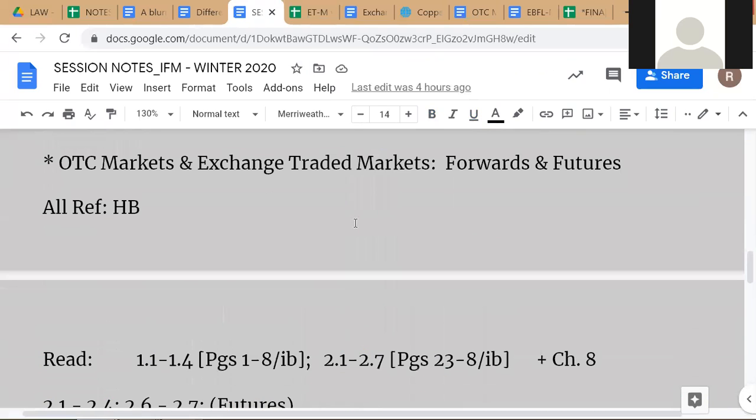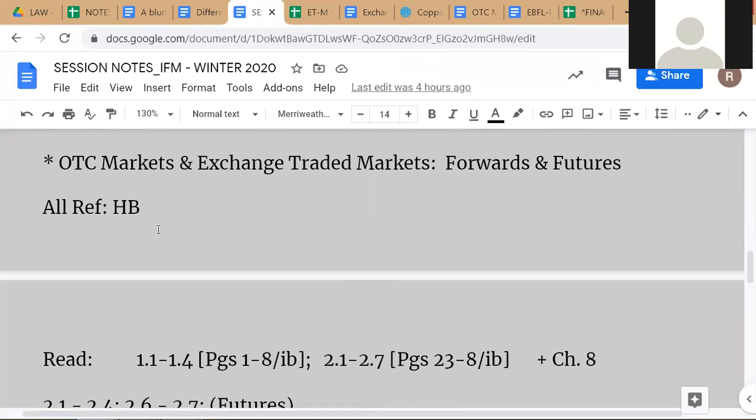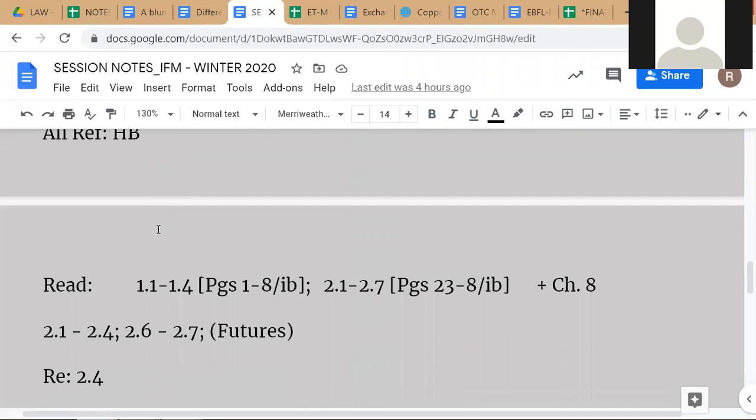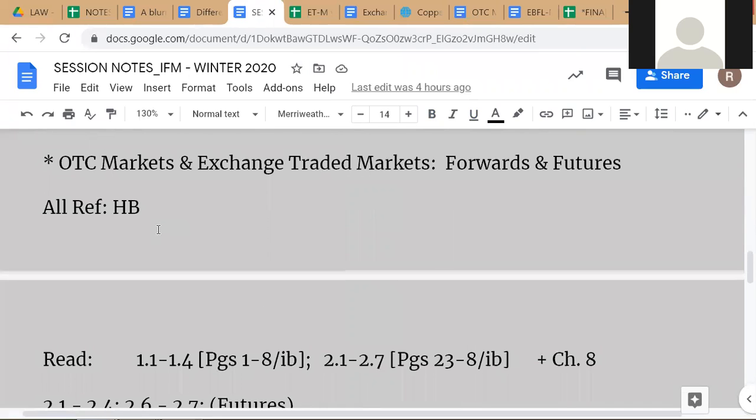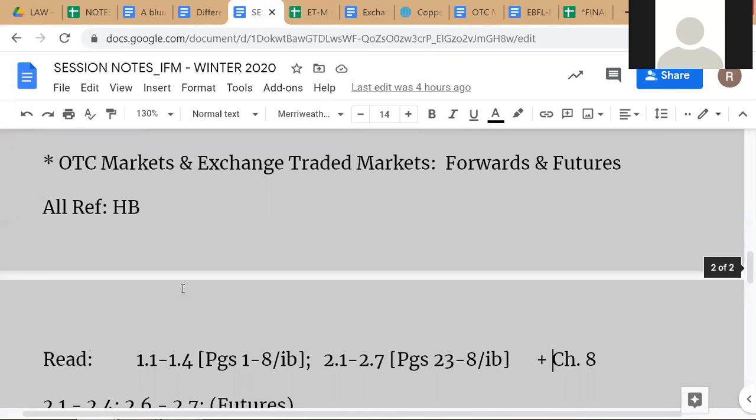Although we have come into the IFM course, we are still using the reference from FDRM, but that's okay. You guys have the textbooks, so we can refer to any textbook at any point of time. I've added one more reference from the previous day, just chapter 8, which deals with the global financial crisis. Please read that as well, because it will help you to understand things a little better. So you're supposed to do all these readings.